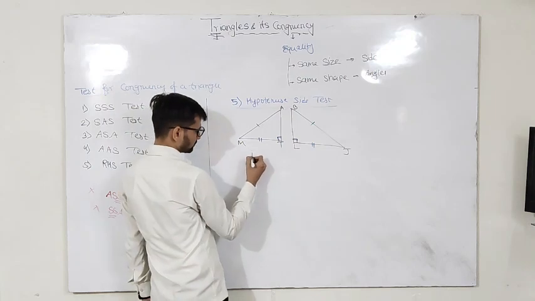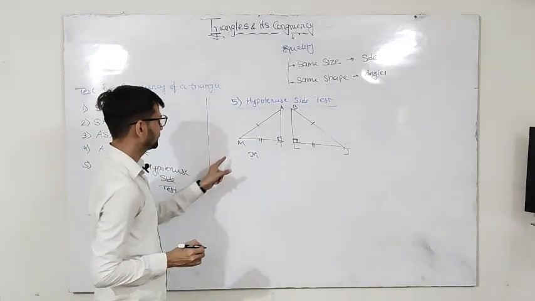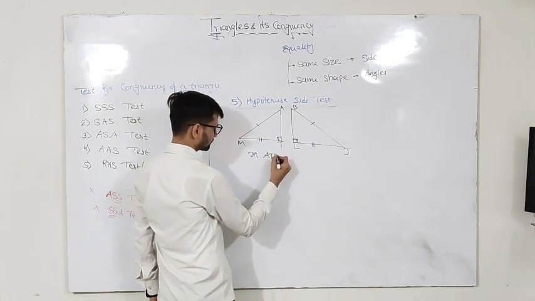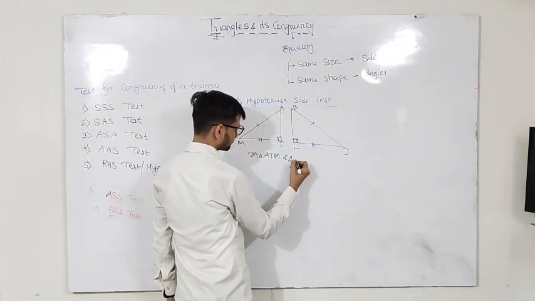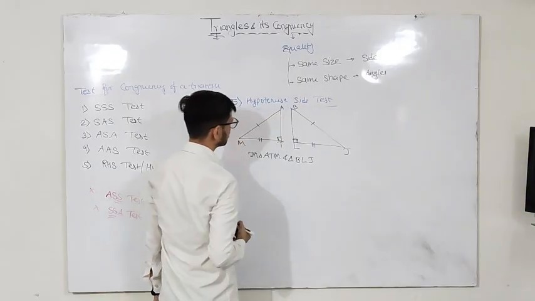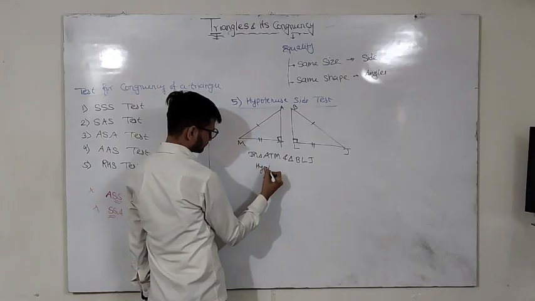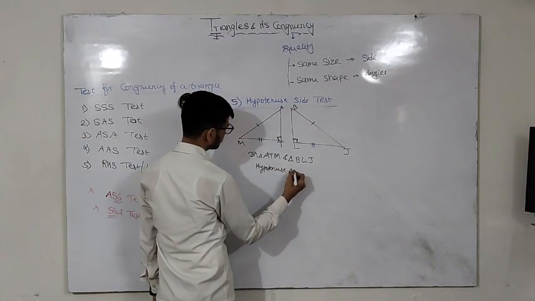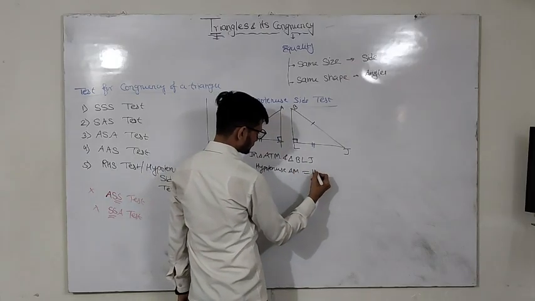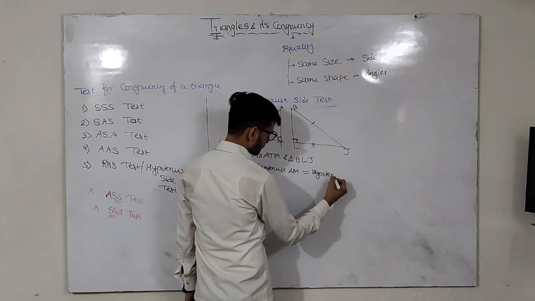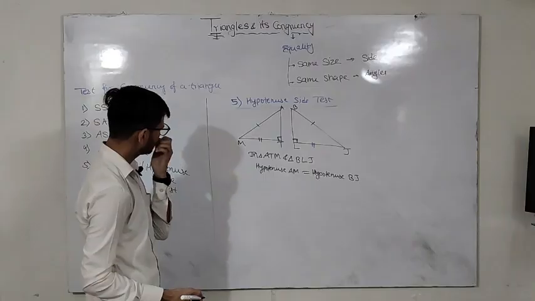Now we are proving in triangle ATM and triangle BLJ. Hypotenuse AM equal to, you may write side or hypotenuse as you wish, hypotenuse BJ, and one right angle is equal.